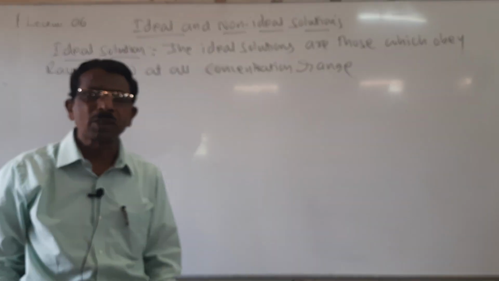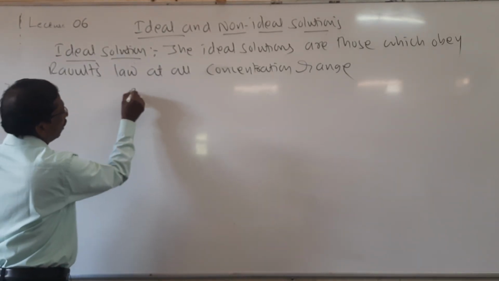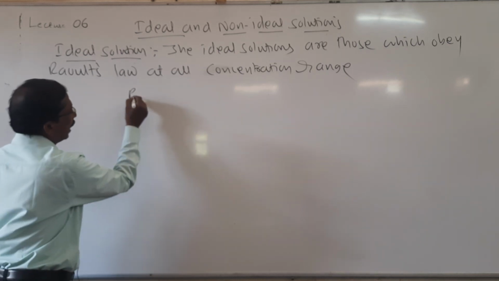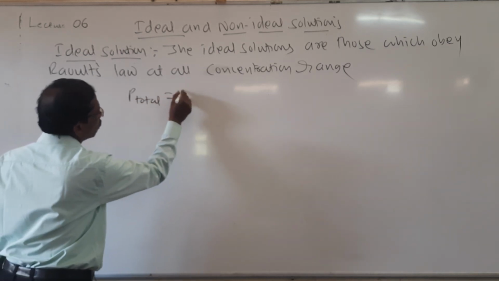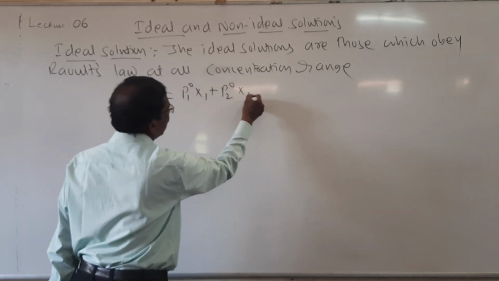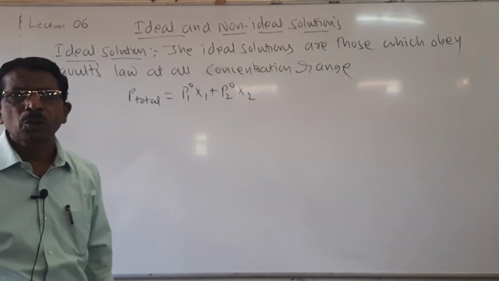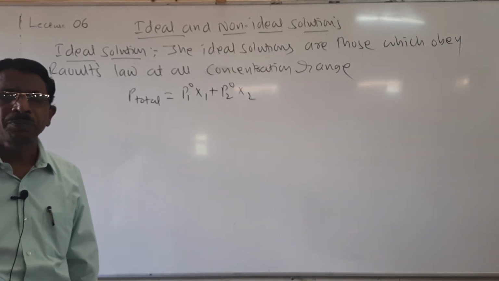Ideal solutions are those which obey Raoult's law at all concentration range, and this can also be mathematically expressed as P total is equal to P1 naught x1 plus P2 naught x2, as we already know according to Raoult's law. So, these are called as ideal solutions.